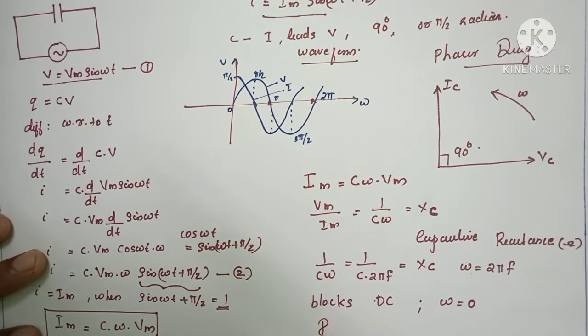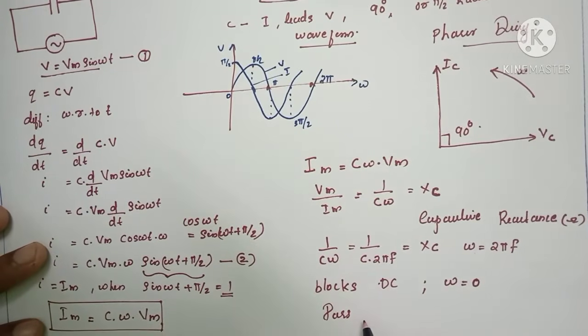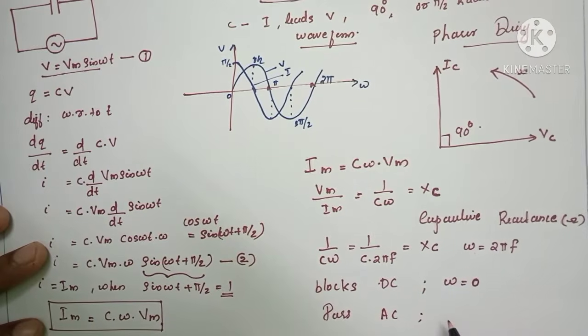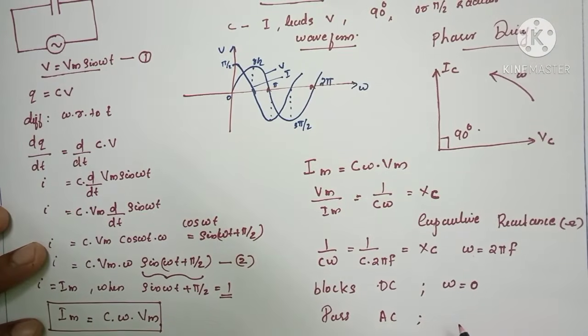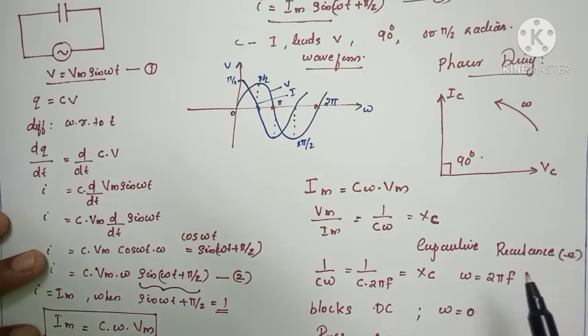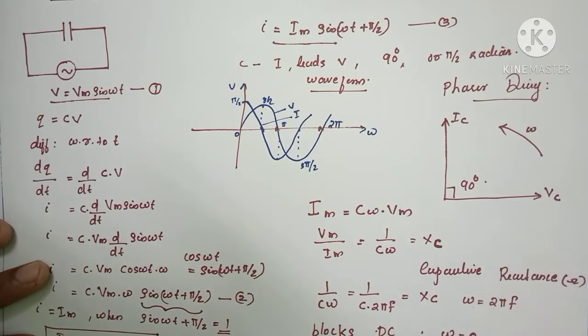It allows the passage of alternating current, because there will be some frequency. If the frequency is high, the capacitive reactance will be very small and more current will flow through the circuit. These are the main things about capacitive reactance.